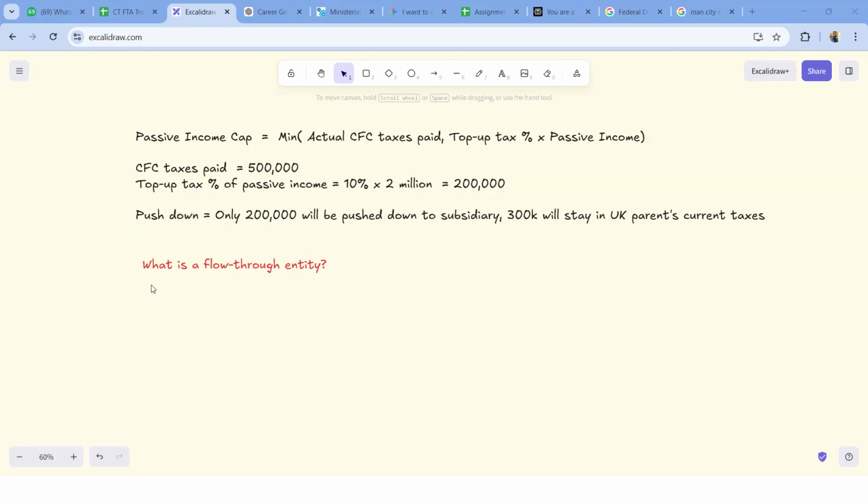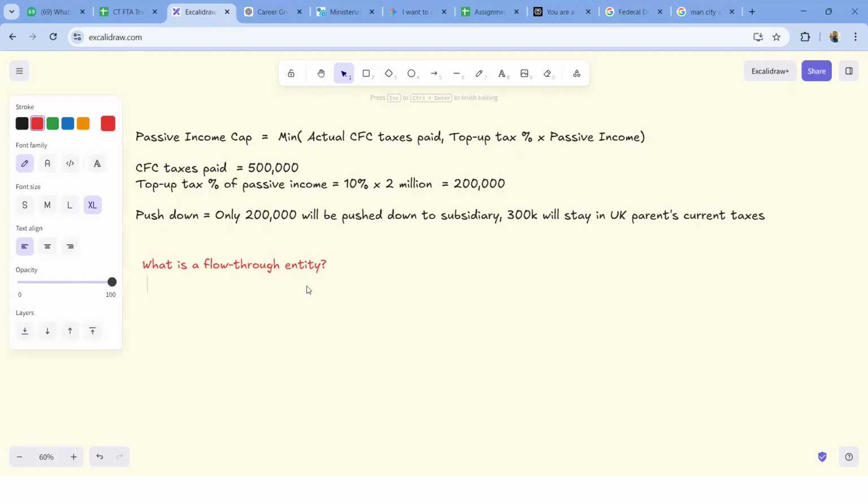Okay, so a flow through entity basically means that in the jurisdiction where it is registered, it is considered just registered, and the tax shall flow through to the owners, right?